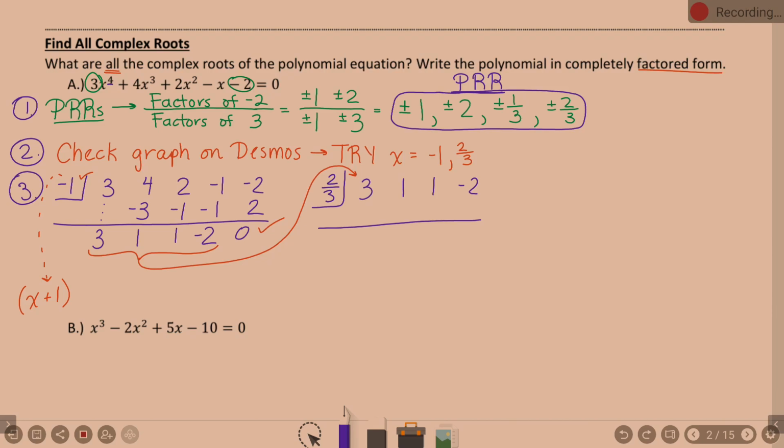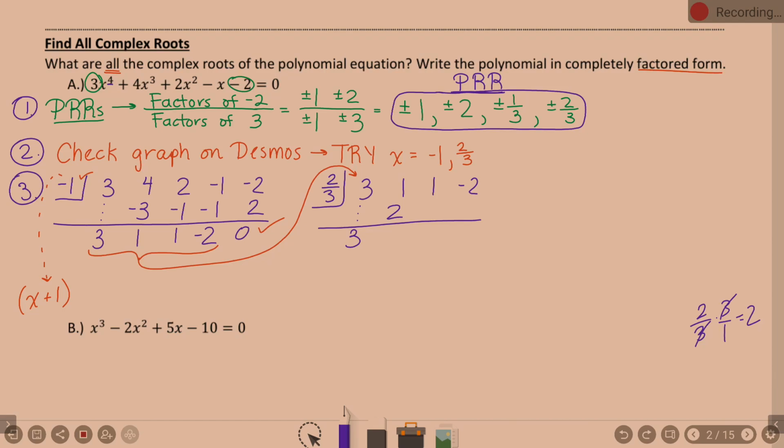Synthetic division, are you with me? Drop the 3. What is 2/3 times 3? 2/3 times 3 over 1, what happens? 3's cancel, and 2/3 of 3 is 2. So 2/3 times 3 is 2.